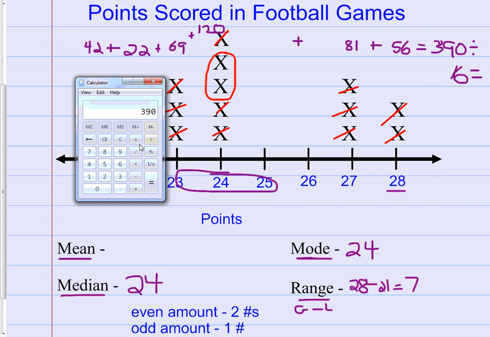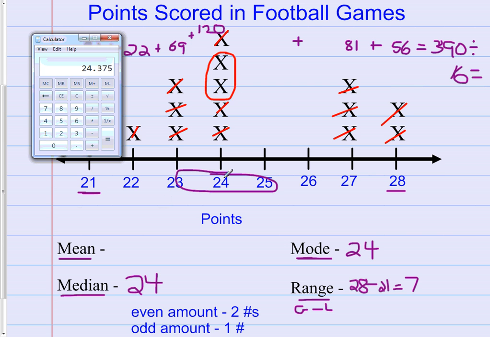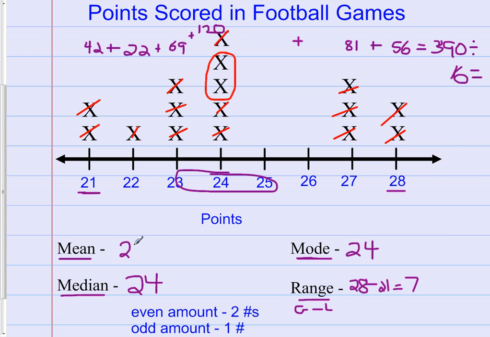So I type in my 390, I hit divided by 16, and I get 24.375, which is about where I expected, somewhere near the middle. So my mean is 24.375. And that's how you find the measures of central tendency on a line plot.